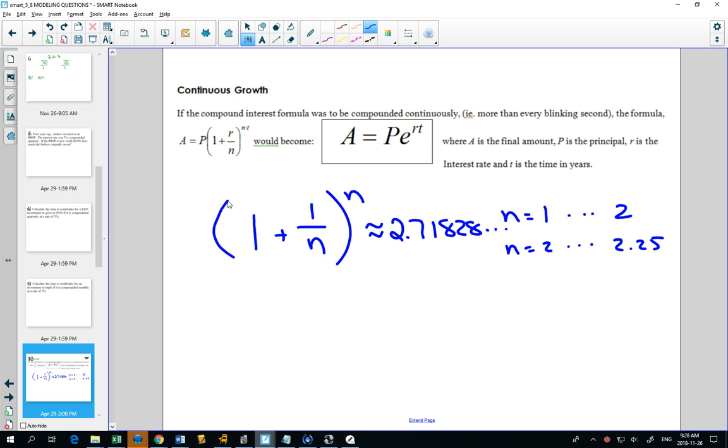What does that remind you of? That's e. Okay? So this part of our formula changes to e.